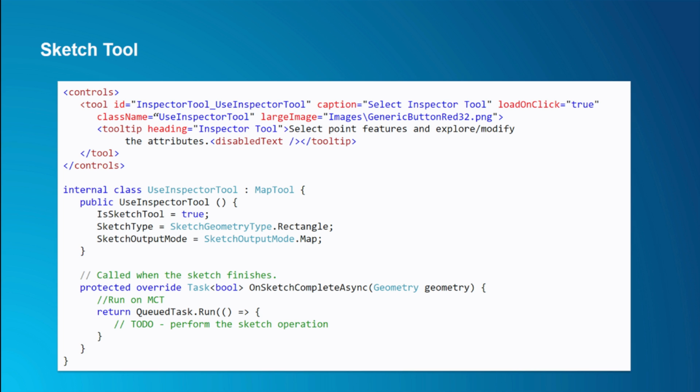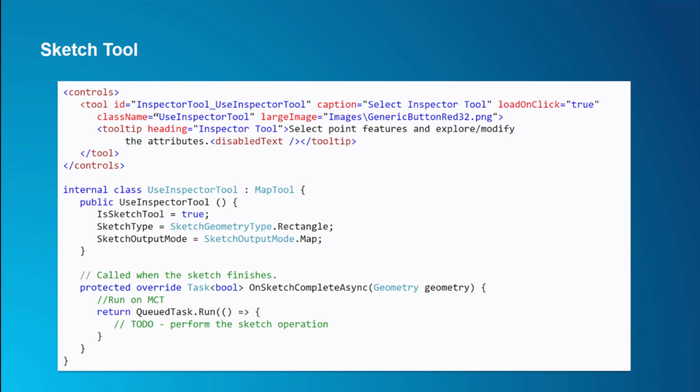So is sketch equals true? In our case, we would like a rectangle, so two clicks to define the bounding box. And the sketch geometry would like to come back in map coordinates. And then on the sketch complete, we can do our manipulation with the existing row or with the feature.